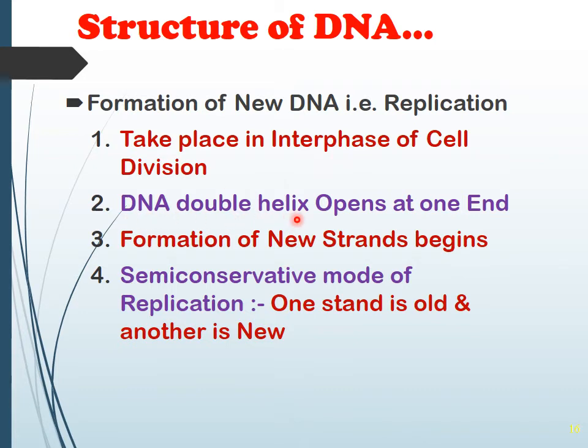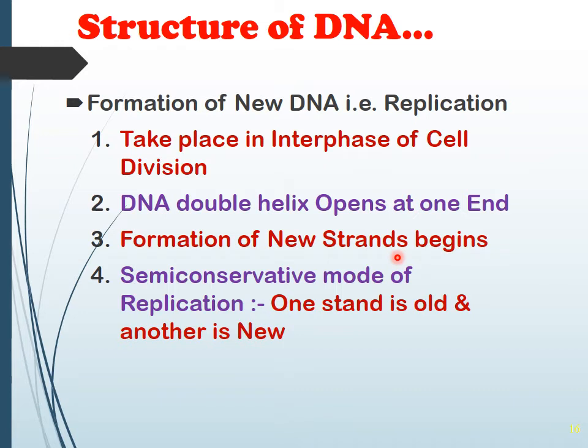And as you just studied, DNA is made up of a double helix, 2 spiral strands. So from either end, the DNA will open and it will start forming the new strands.